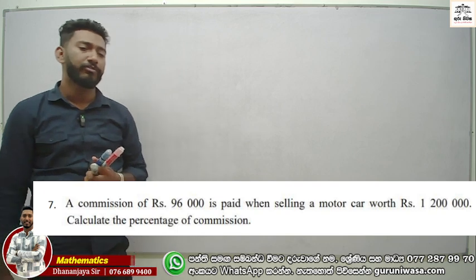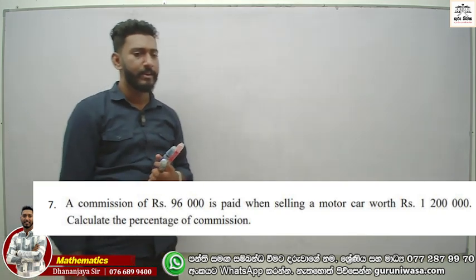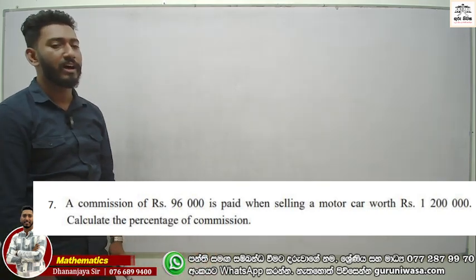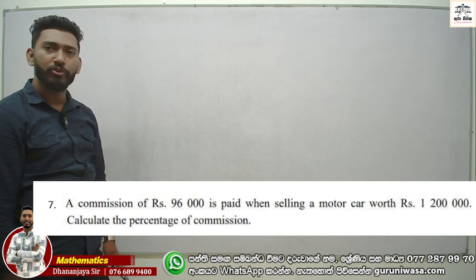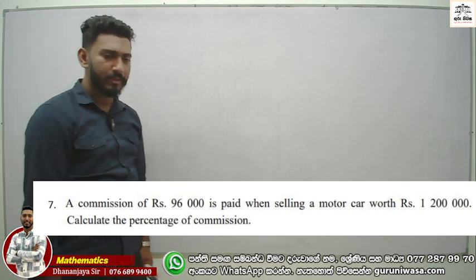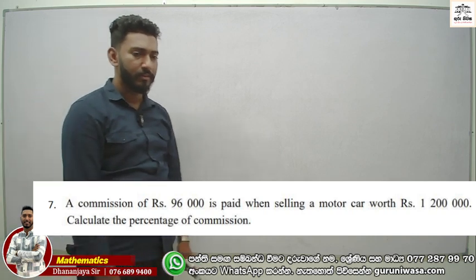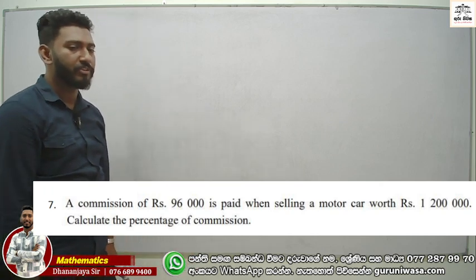A commission of 96,000 is paid when selling a motor car worth 1.2 million, 12 lakh. Calculate the percentage of the commission.